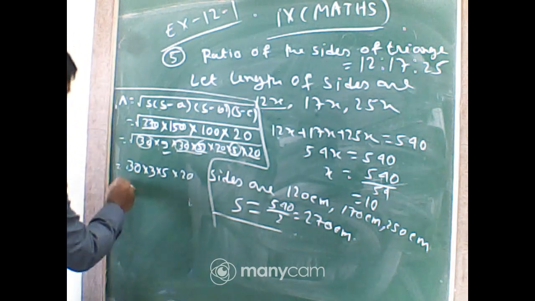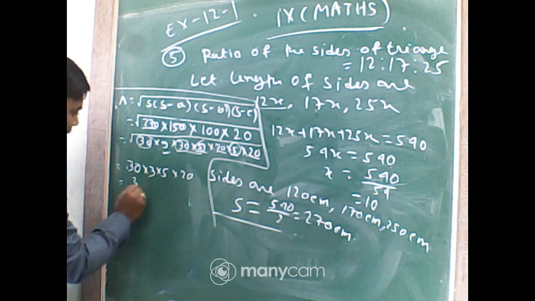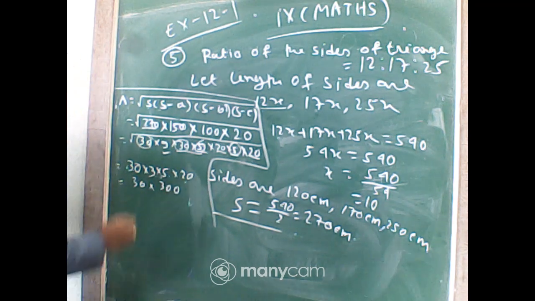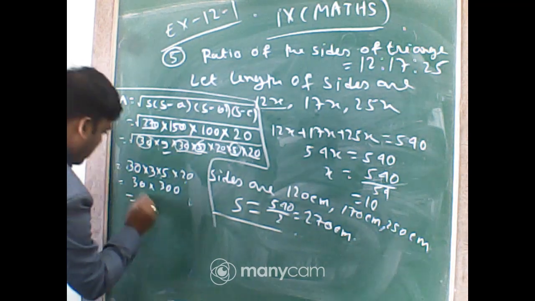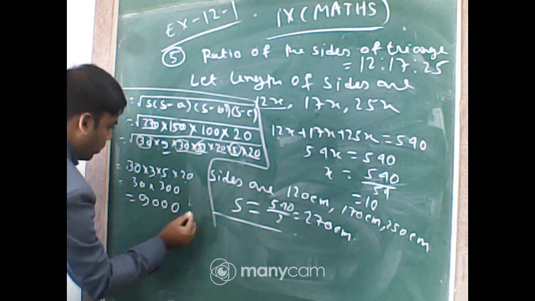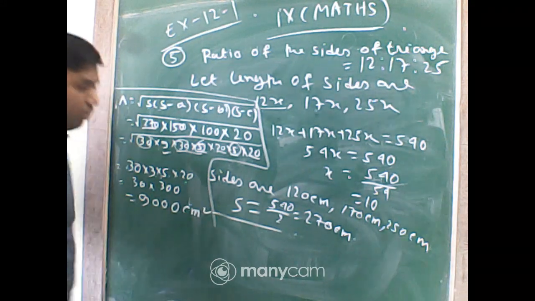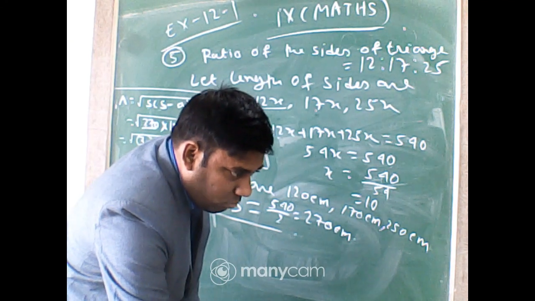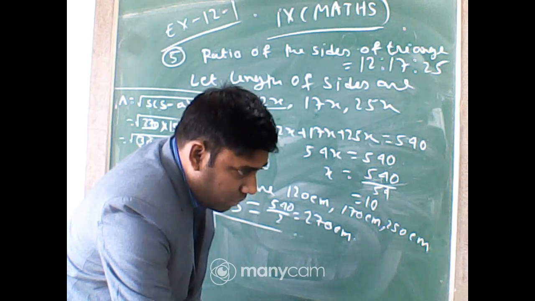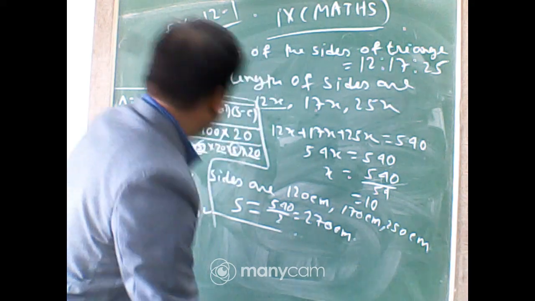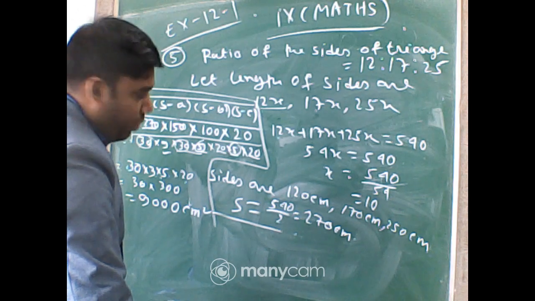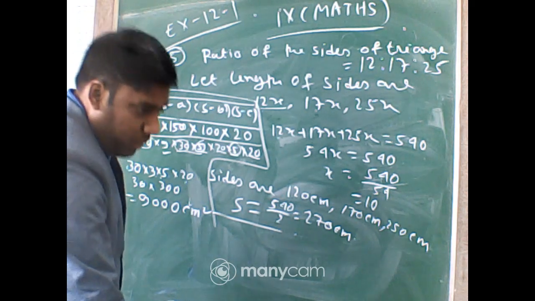Okay, so it will be 30 into 3 into 5 into 20, centimeter square. Most probably it is the answer. Okay, got it everyone? You have any problem?